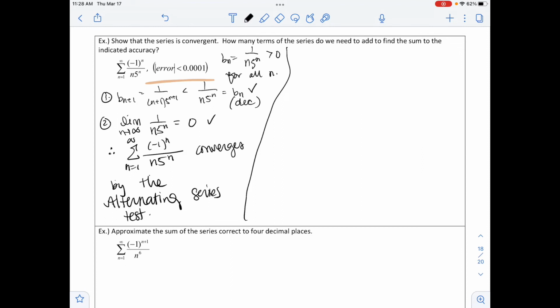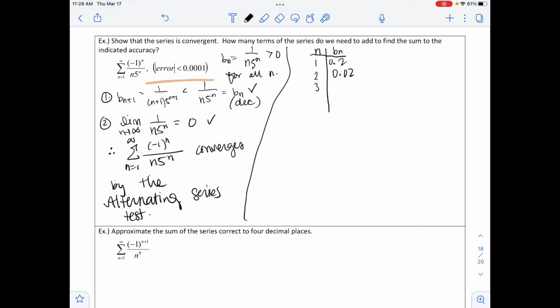And so I'm going to make a little table here to show and see what the sum would be as we go. And so we have n and we have b sub n. And so first term, second term, and third term, we'll keep adding on as we go. So the first term for b sub n, I get 0.2. The second term, when you substitute this into b, you get 1 over 2 times 5 to the second, which is 0.02.